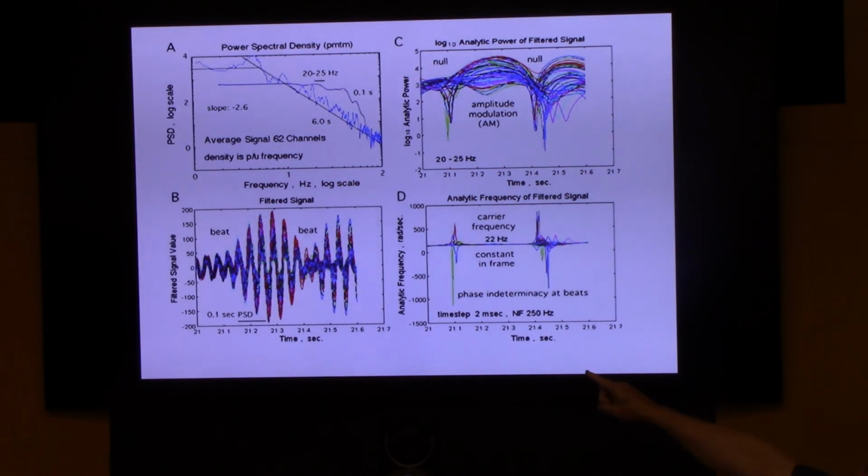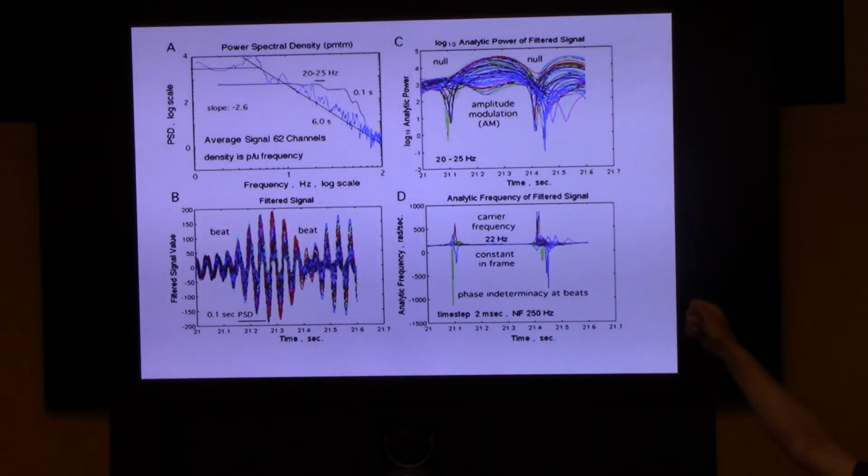So this looks like a theta gamma pattern in the bottom left, or a cross frequency coupled one.